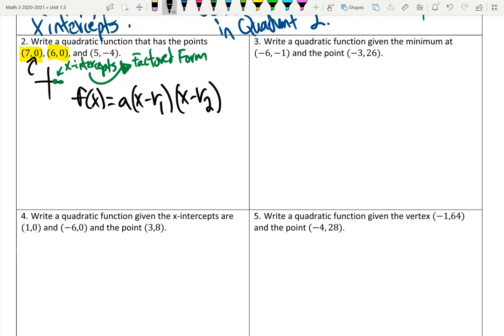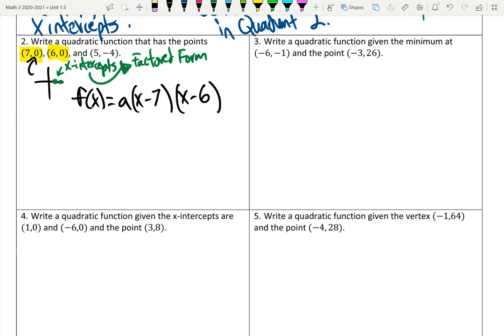My intercept is at 7. So it's going to be 7. And likewise, 6. Notice what happens. If I plug in 7 here, 7 minus 7 is 0. Hence why it works. Notice here, if I plug in 6, 6 minus 6 is 0, making this true.